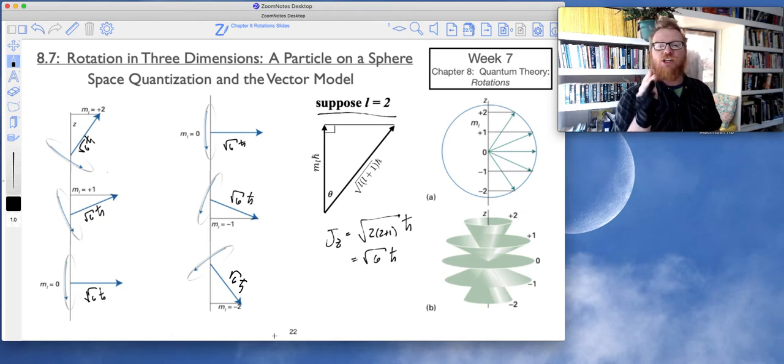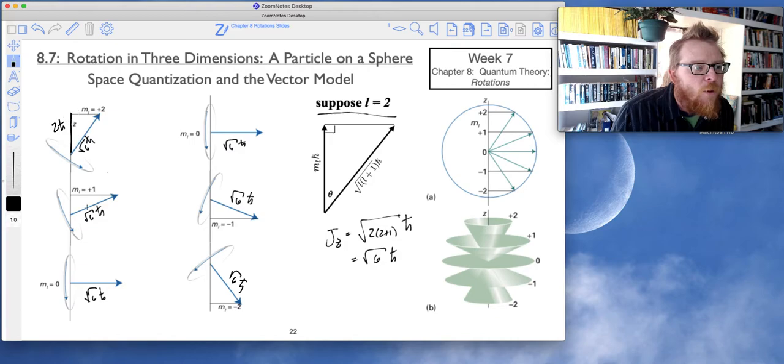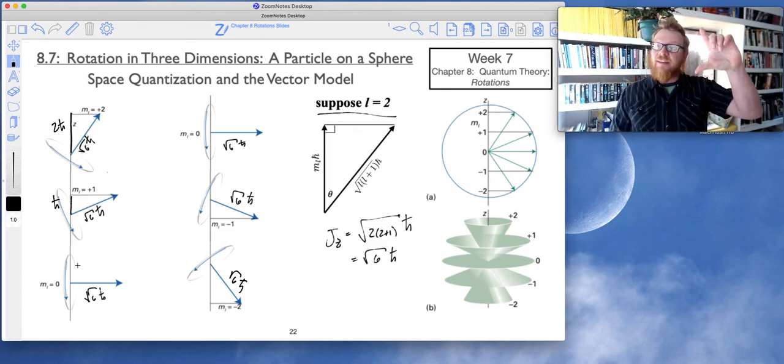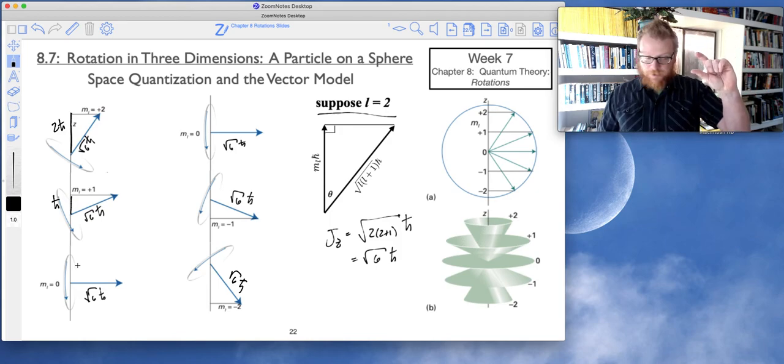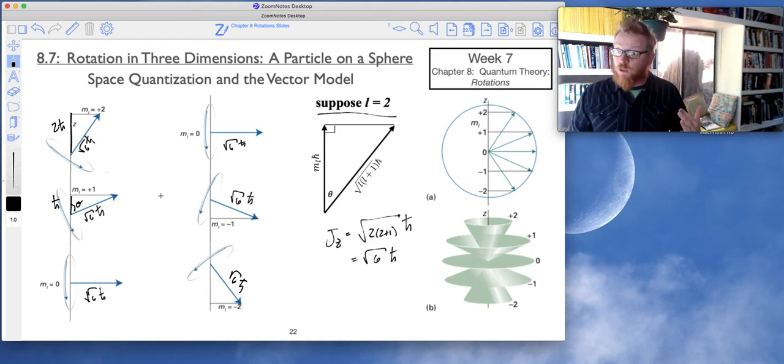And so the only thing that changes now is as ml changes, it's just changing the way that this pitches out in that other dimension. So for example, when ml is plus 2, we know now that this length is 2 h bar, okay? And I'll draw that right here. When ml equals 1, we know that this length is just h bar, and because that adjacent length has shrunk, that means my angle theta has to increase by SOHCAHTOA, right?